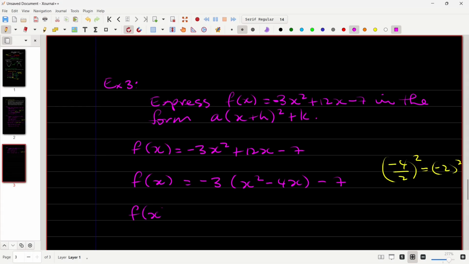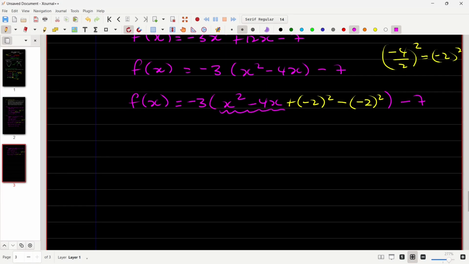We're going to get something like this. We're going to recognize that this is the perfect square form.